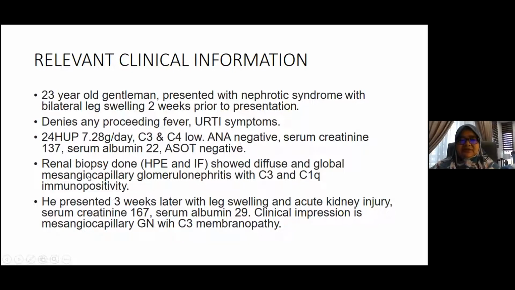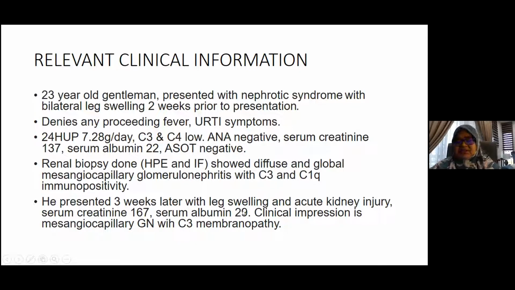So there was a renal biopsy done earlier, which showed a diffuse and global mesangiocapillary glomerulonephritis, with C3 and C1q positivity. Okay, so 3 weeks later, he represented, and this time he had more leg swelling, more acute kidney injury, the creatinine raised to 167.